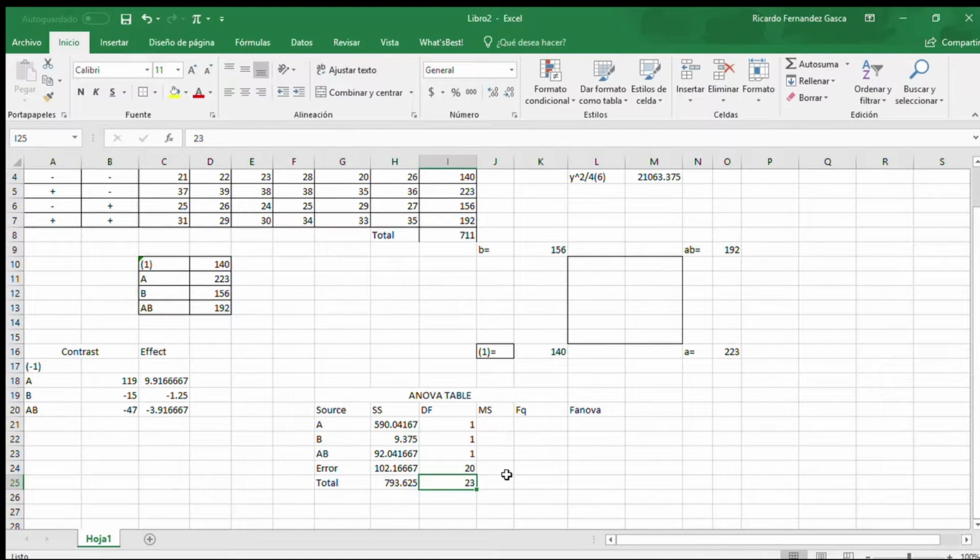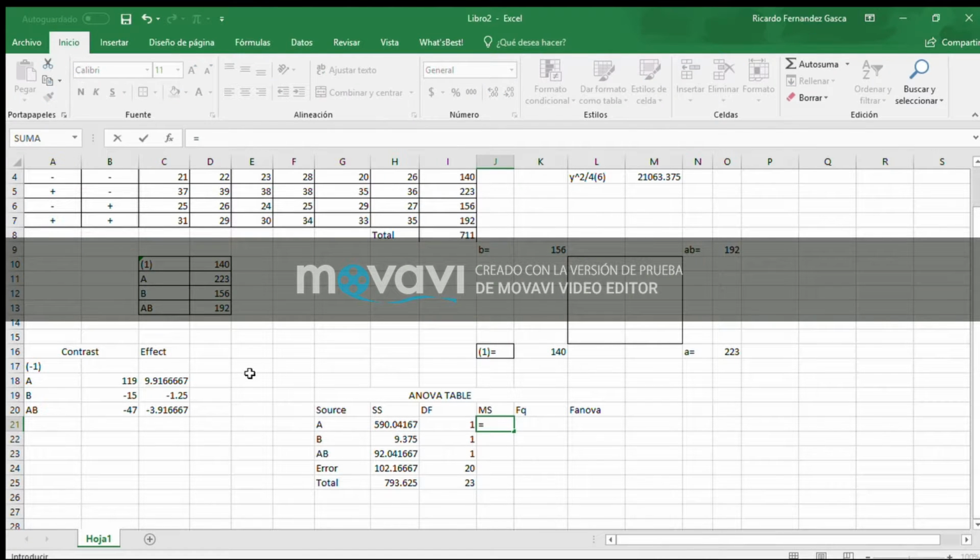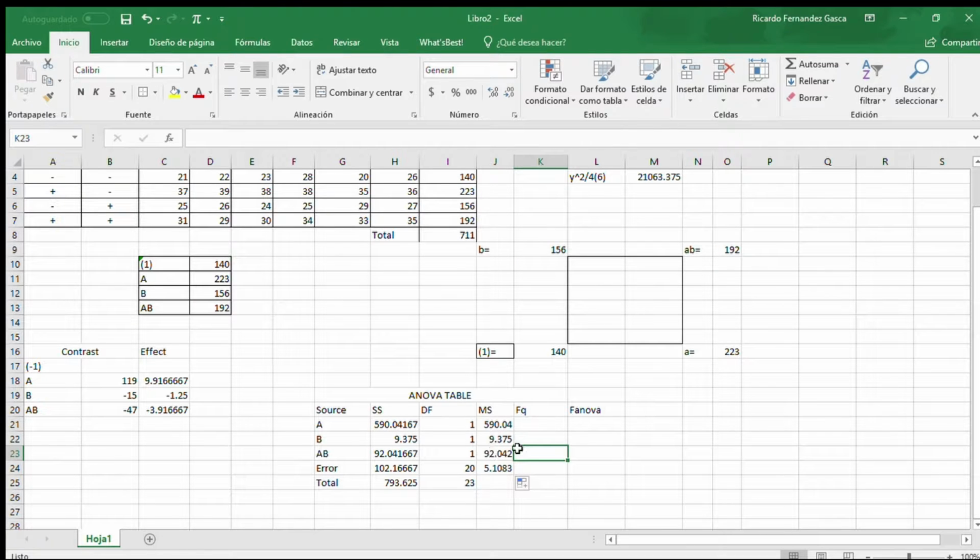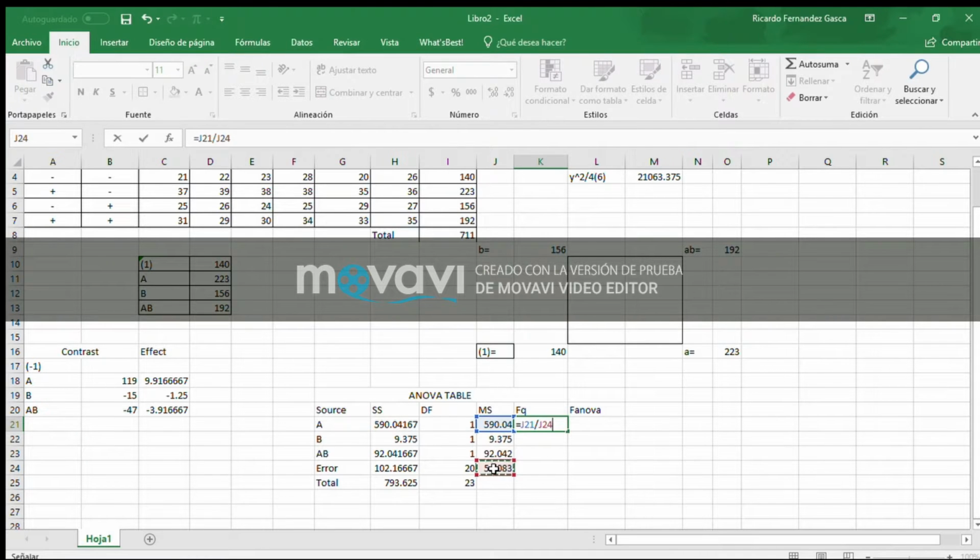So then we are going to do the mean squares, and the mean squares are just the sum of squares divided by the degrees of freedom. So we can just take it, and we now have these mean squares, and then in order to get the F, we just do the mean squares of each divided by the mean square of the error.